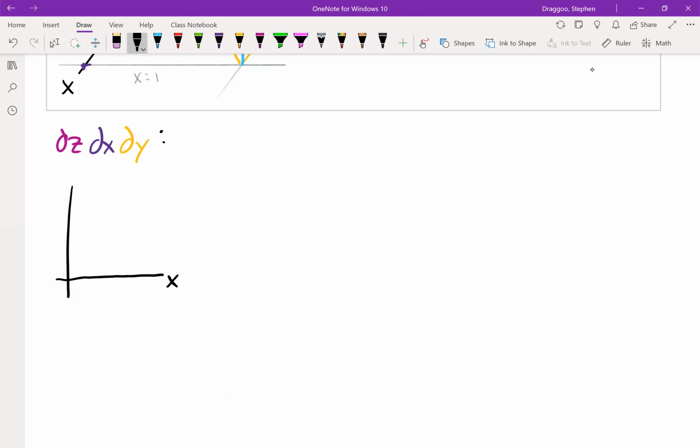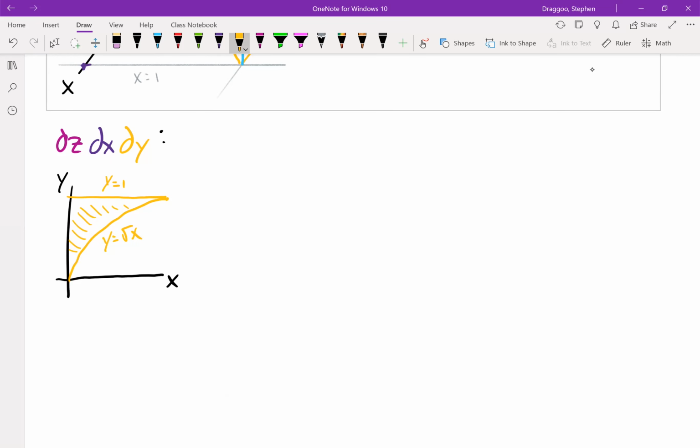So in the xy plane, we had the line y equals 1. And we had the line y equals the square root of x. And then this is our projection into that xy plane.